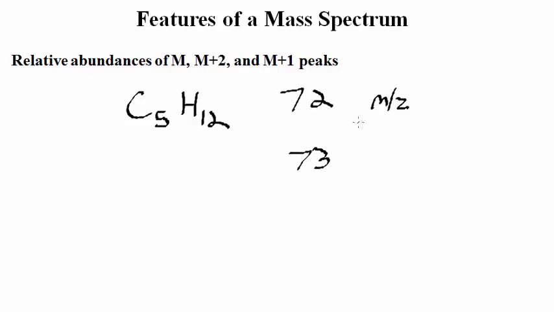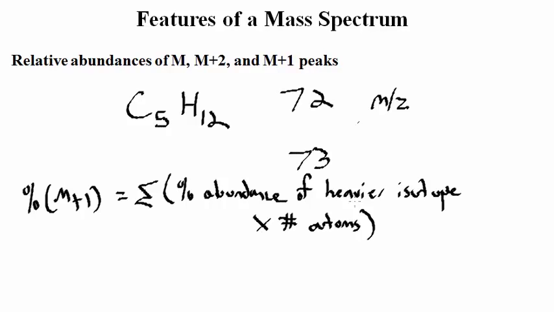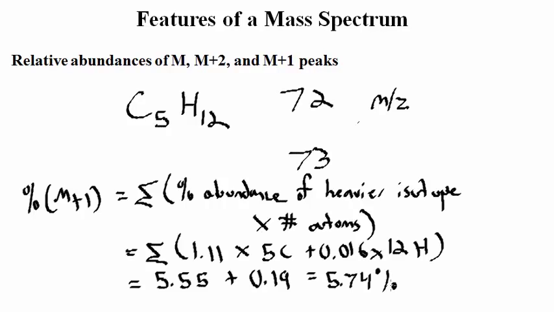The probability of each of these isotope substitutions occurring is related to the natural abundance of each isotope in the following way. The percent relative abundance of the M+1 peak is the sum, sigma, of the percent abundance of the heavier isotope times the number of atoms in the formula. We can do that for our pentane example.